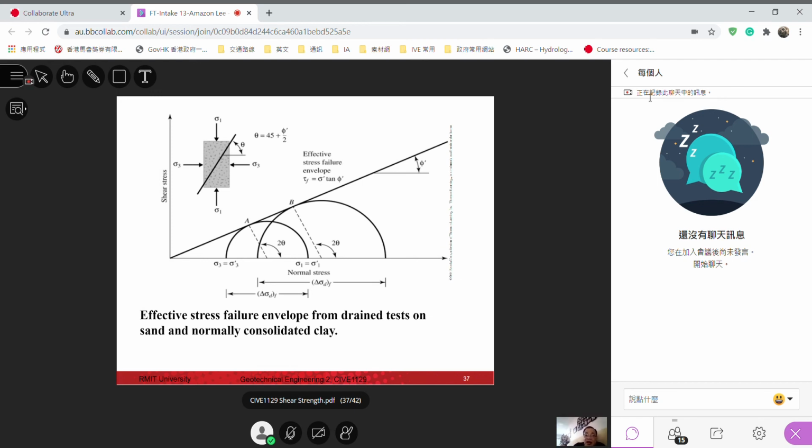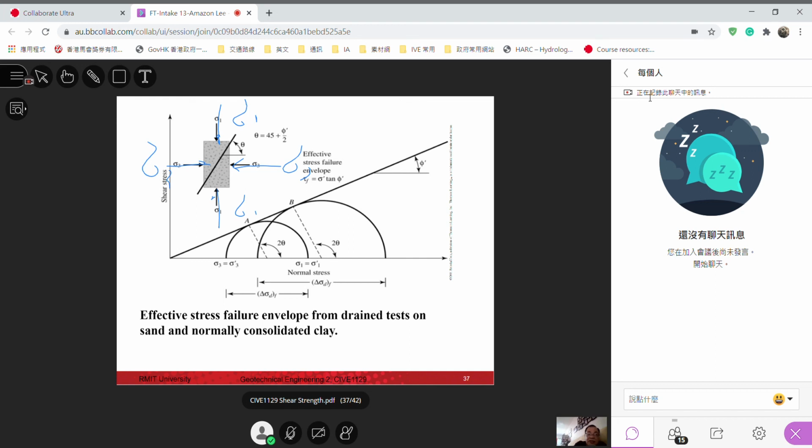Okay, from the triaxial test, you will obtain the sample. Let me pick it up. In the triaxial test, the end result is that your major principal stress is in the vertical direction and your minor principal stress is in the horizontal direction.